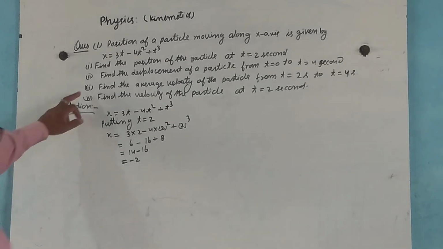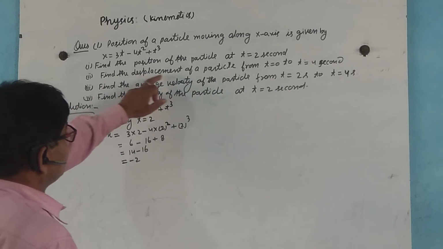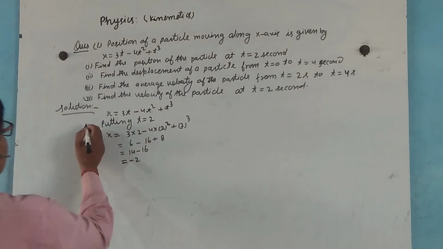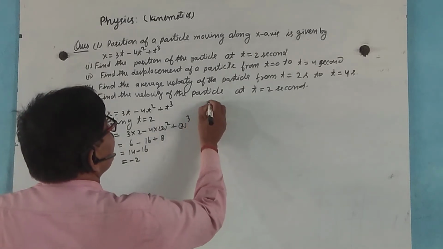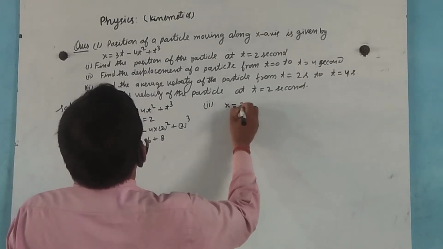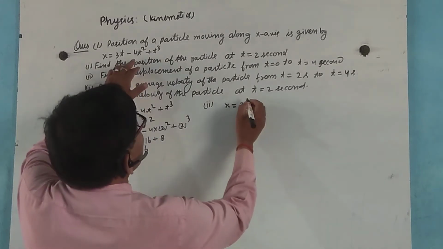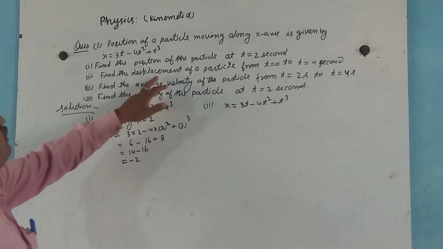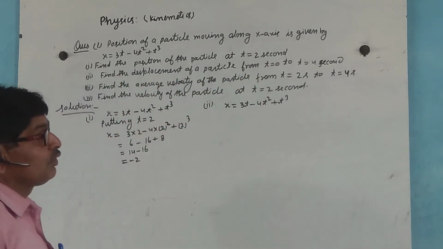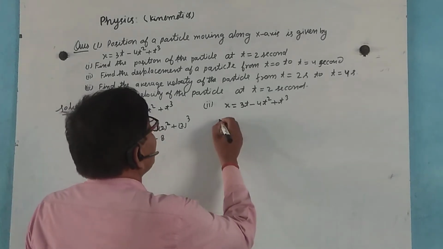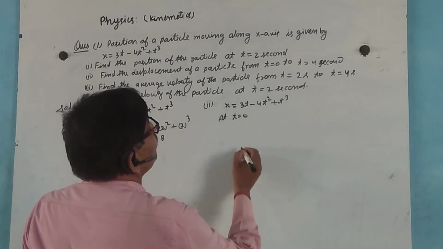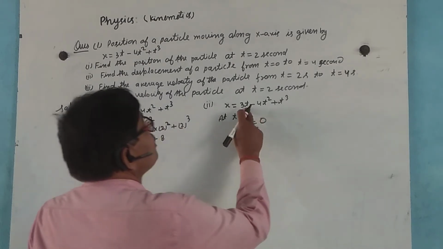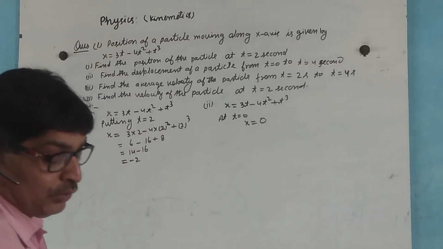Now, second part: find the displacement of the particle from t equal to 0 to t equal to 4. x equal to 3t minus 4t square plus t cube. Put t equal to 0, displacement will be x equal to 0, because putting t equal to 0 all parts are equal to 0.